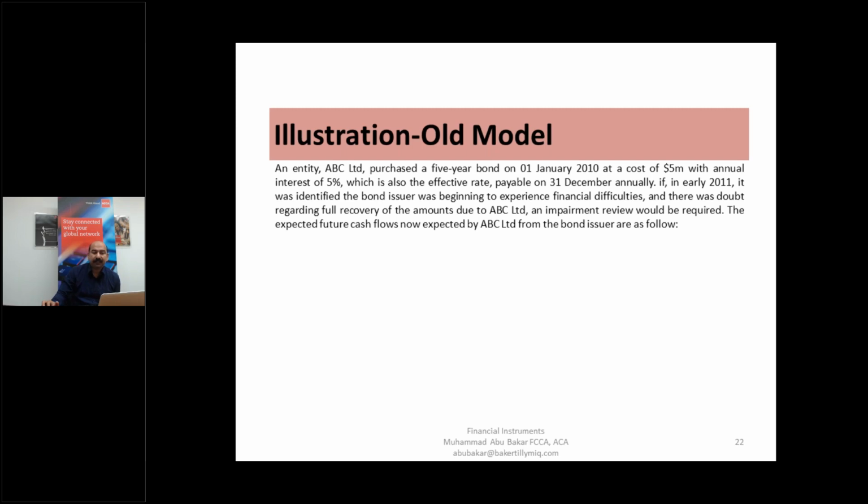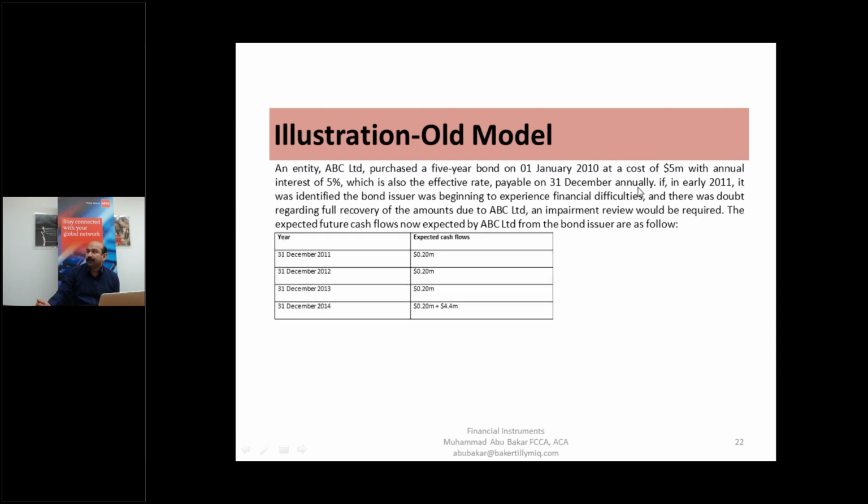The expected future cash flows now expected by ABC Limited from the bond issuer are as follows: 31st December 2011, 0.2 million, 31st December 2012, 0.2 million, 31st December 2013, 0.2 million, and 31st December 2014, 0.2 million plus 4.4 million.